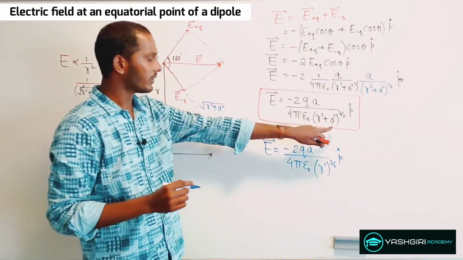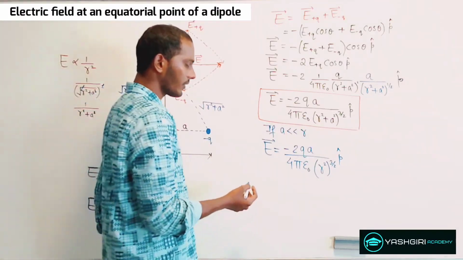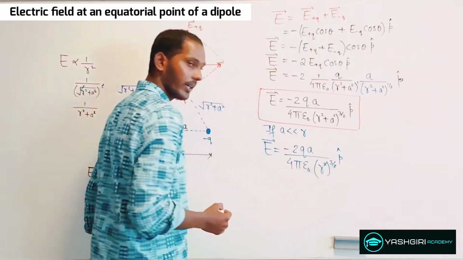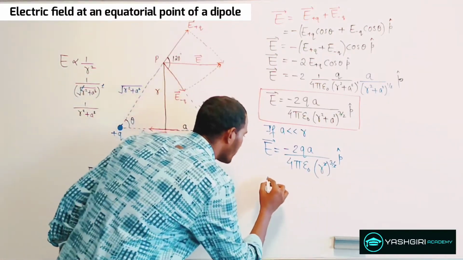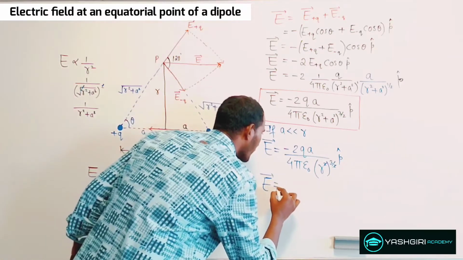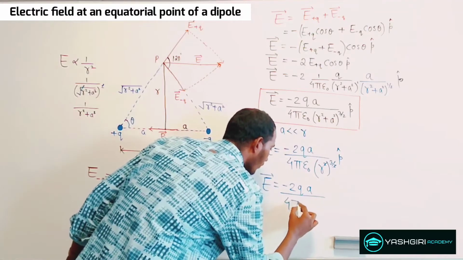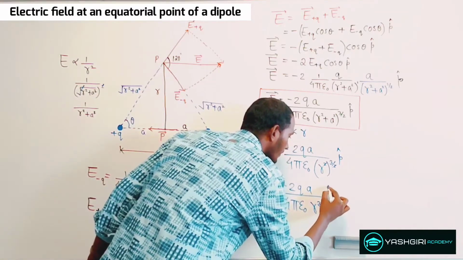I can just neglect this A square term. Here again, I can cancel out this 2 and 2, and rewrite this expression. The electric field will be equal to minus 2Q into A divided by 4 pi epsilon naught into R cube, and this is the P cap.